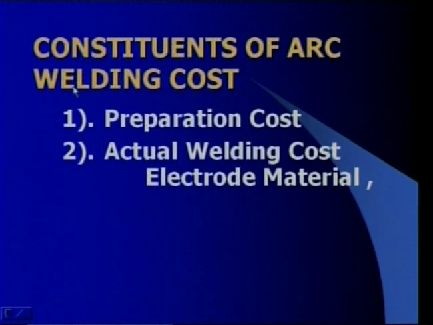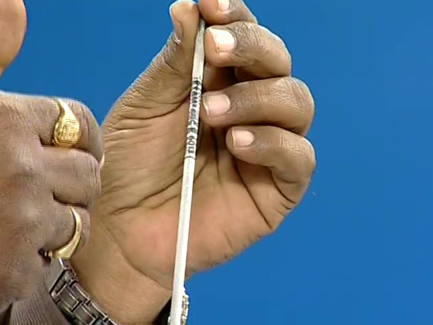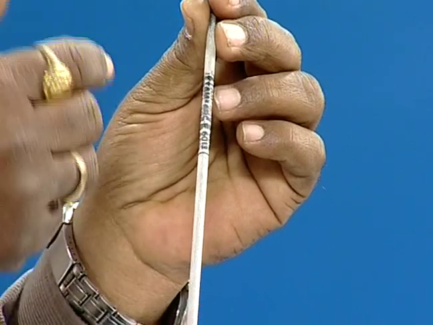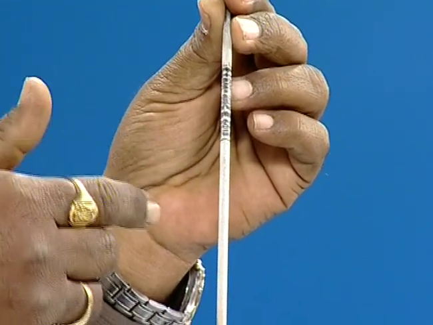Next comes actual welding cost. During welding we incur cost due to the electrode materials. Already we have discussed the electrodes we use in arc welding. Depending upon the parent materials, we use different types of electrodes.